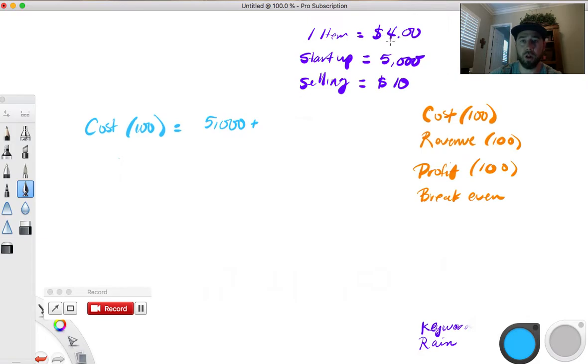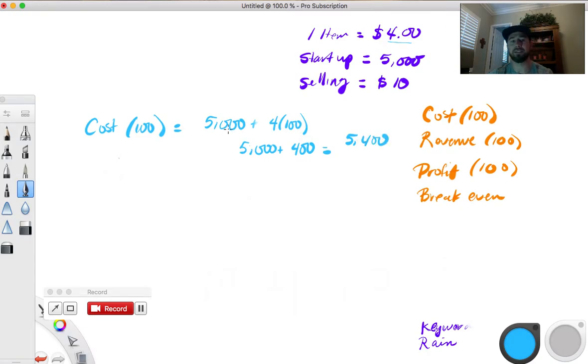It costs $4 to make one item, so it's 4 times 100. $4 for one item, and we're making 100 of them. So the cost to make 100 items is 5,000 plus what's 4 times 100? 400. So it's 5,000 plus 400. So the cost for us to make 100 items is $5,400.